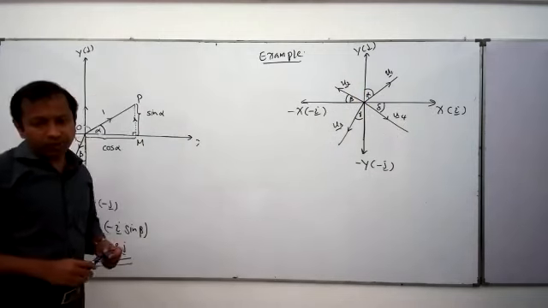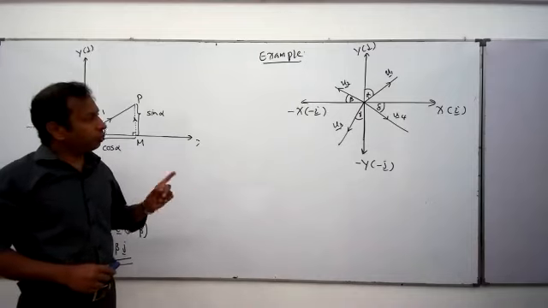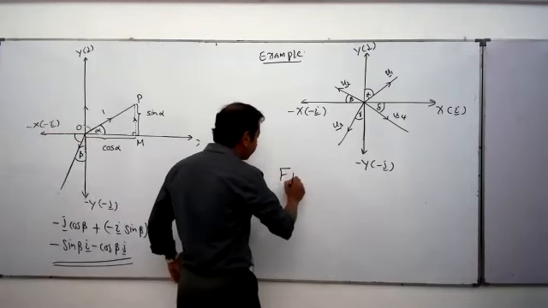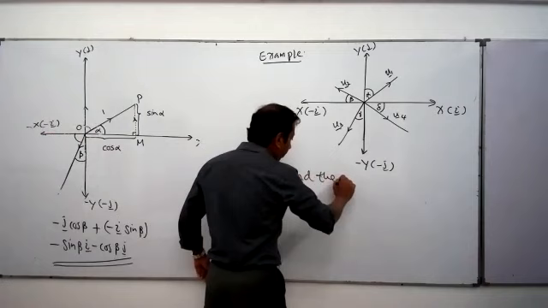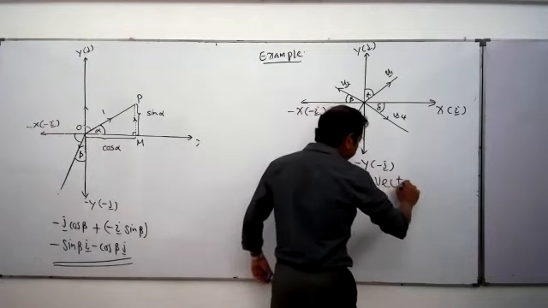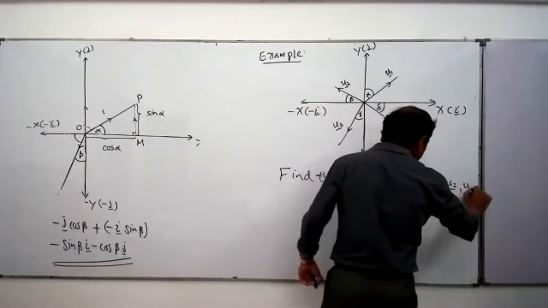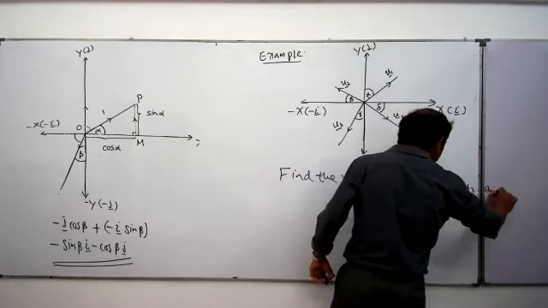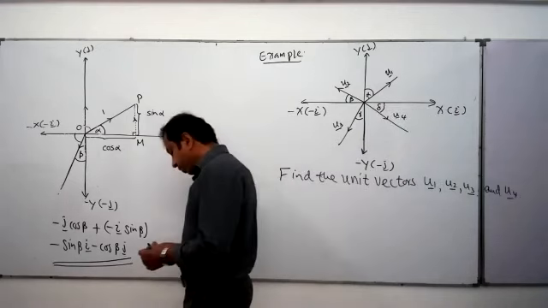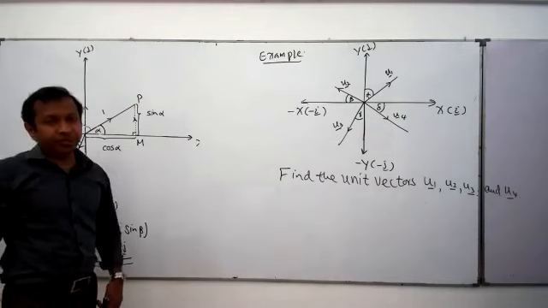Now my question is, people, to find these 4 unit vectors u1, u2, u3 and u4. Draw this one, people. These 4 unit vectors we need to find. People, this idea will be very important.